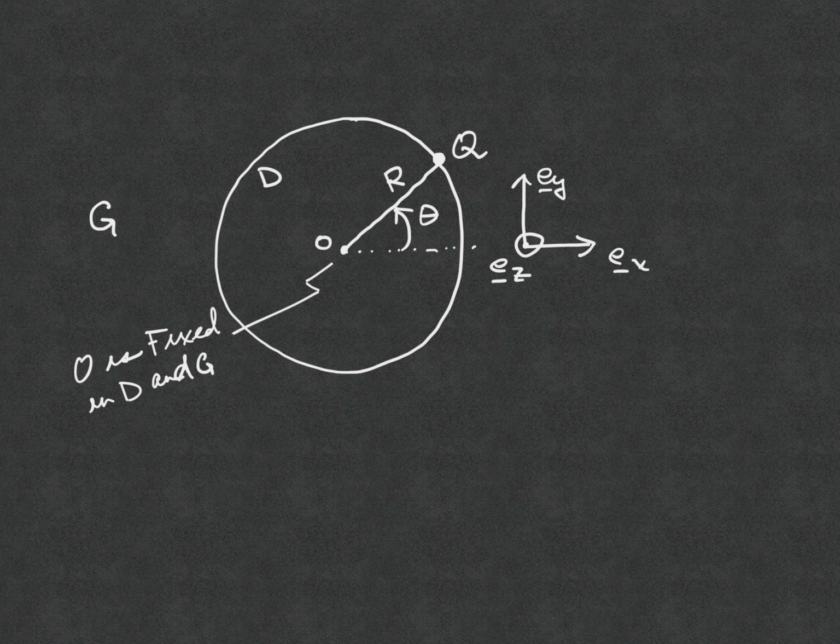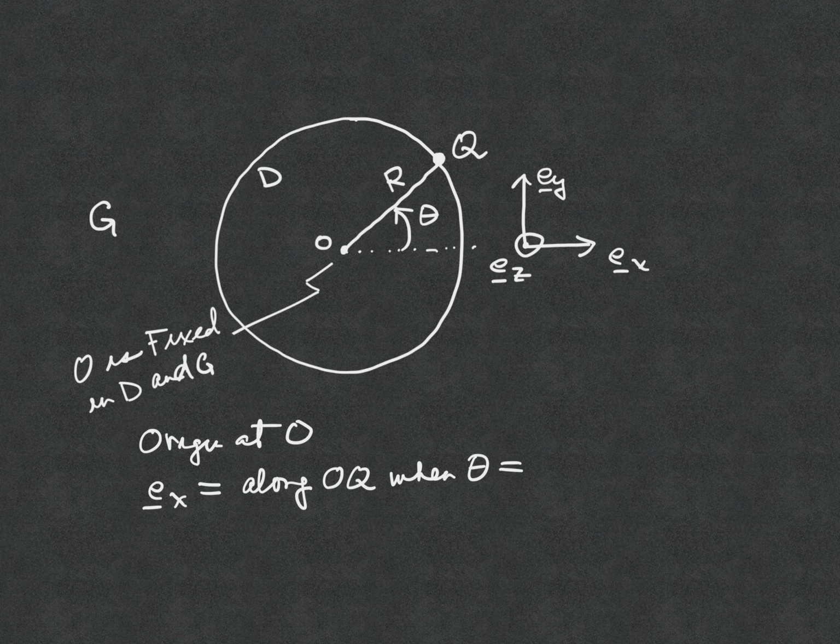So EX, EY, EZ is this basis that I've just defined. The coordinate system has its origin at point O. So this is going to be a ground fixed coordinate system. EX is going to be along, now I have to be careful, it's along OQ when theta equals 0.